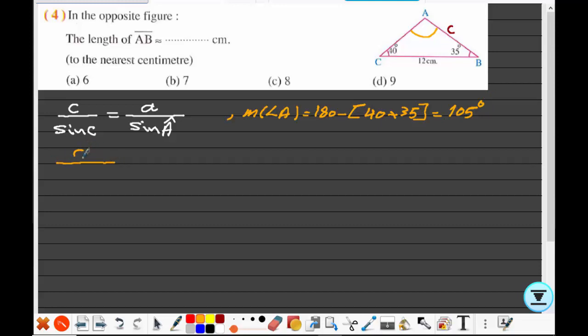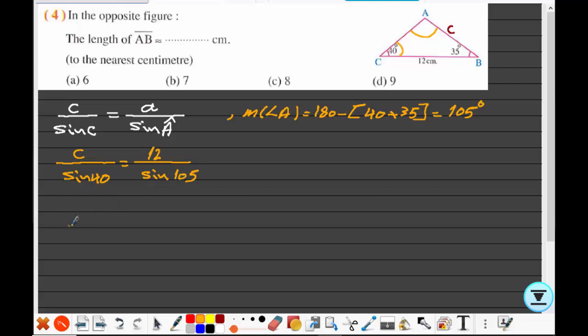We have c over sine 40, because the measure of angle C equals 40 degrees, from the given, equals a, which is 12 centimeters, over sine 105.